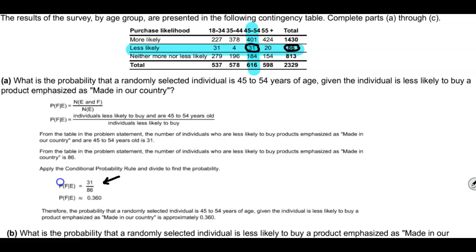Therefore, the probability that a randomly selected individual is 45 to 54 years of age, given that the individual is less likely to buy a product emphasized as made in our country, is approximately 0.360 or 36%.